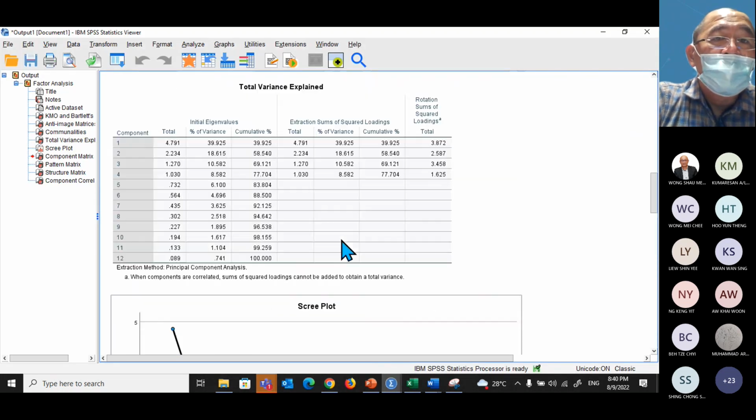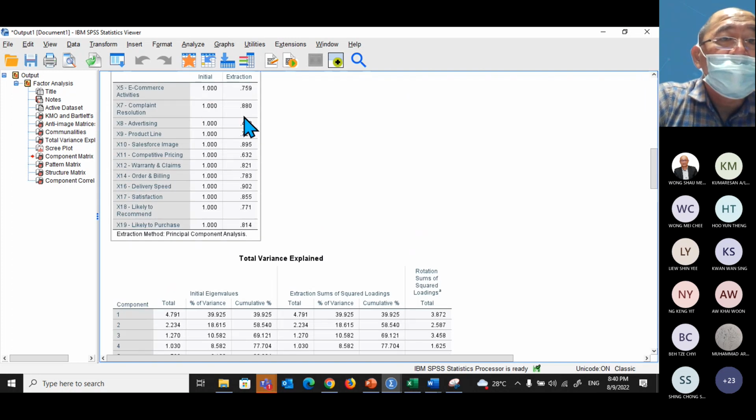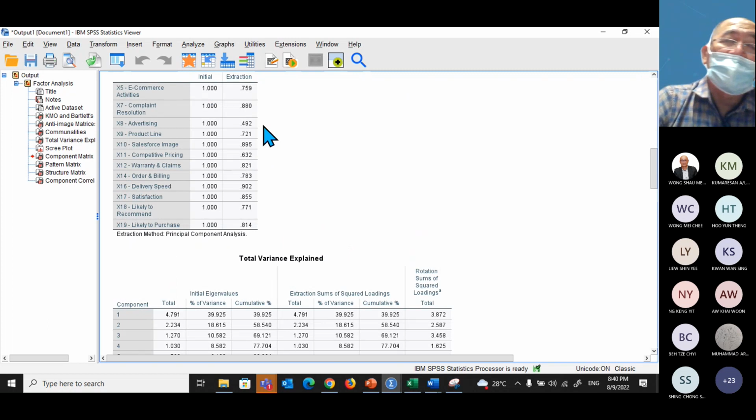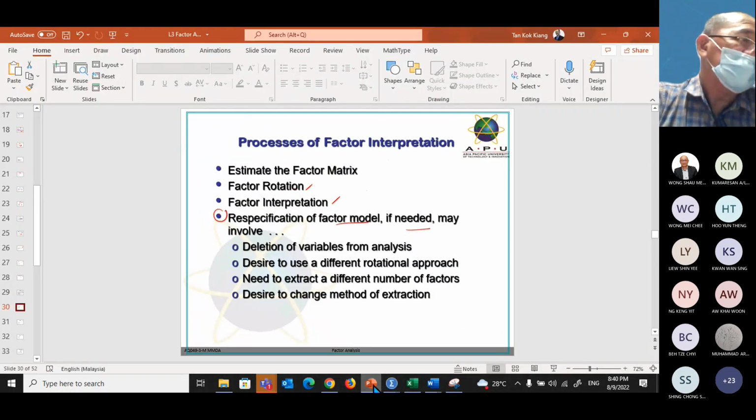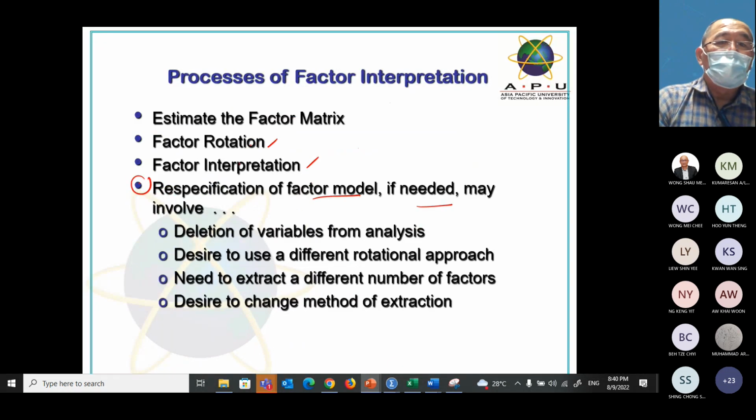Here, advertising is below 0.6, so may consider removing it. Then you run again. But again, assignment and in-class exercise are not that strict compared to your capstone.